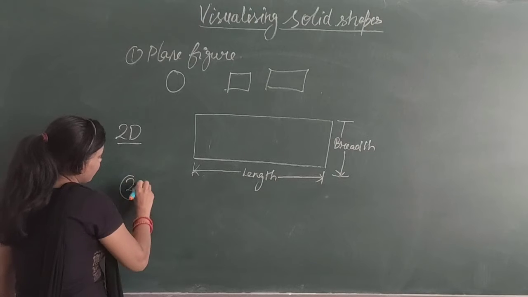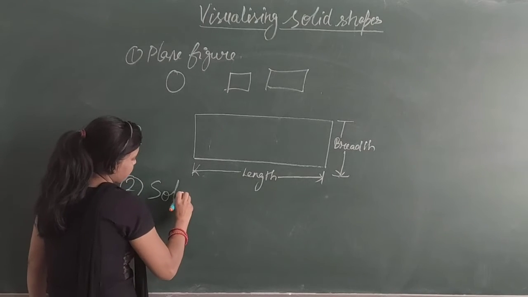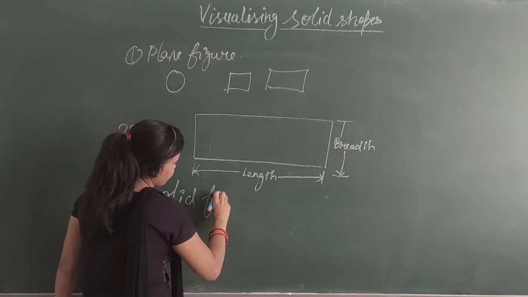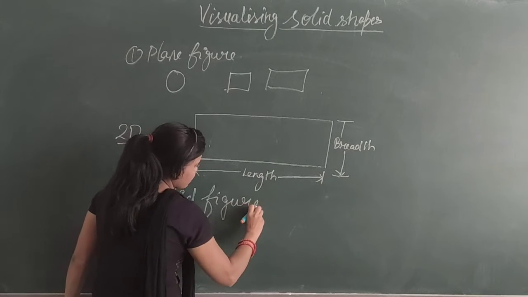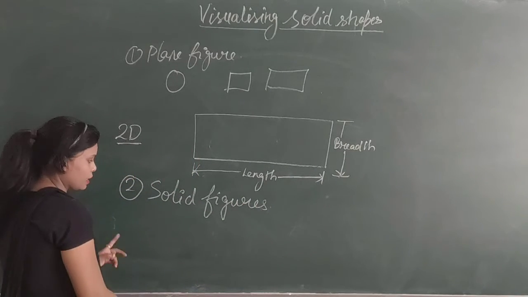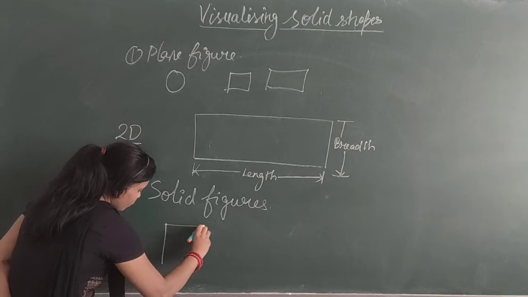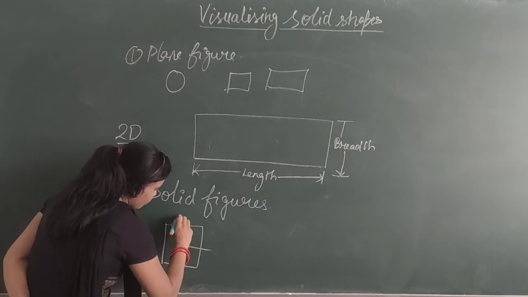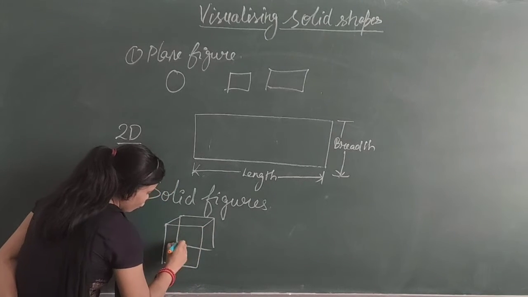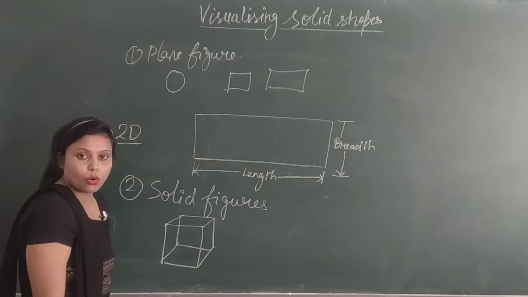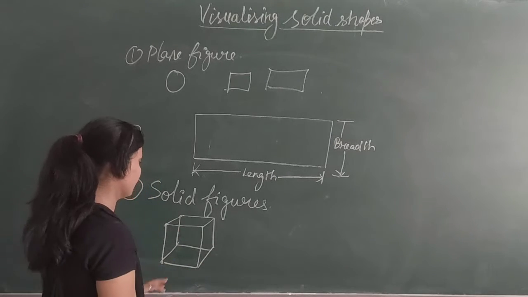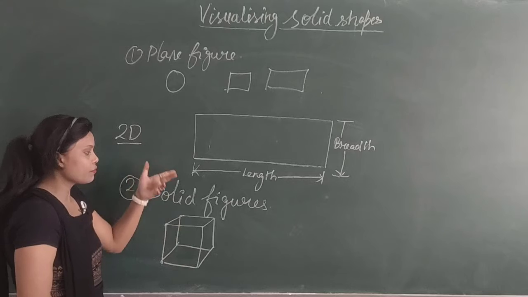Second type of figures are solid figures, or we can say solid shapes. These are cube, cuboid, cone, sphere. These are solid figures. What is the difference between plain figure and solid figure?